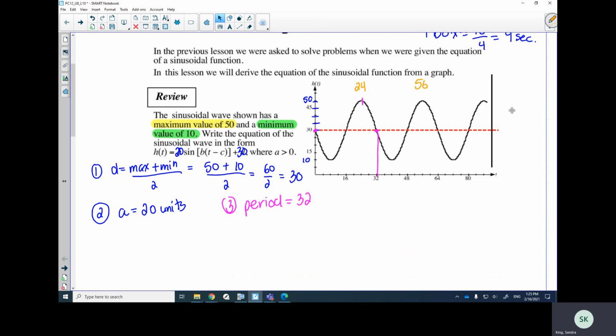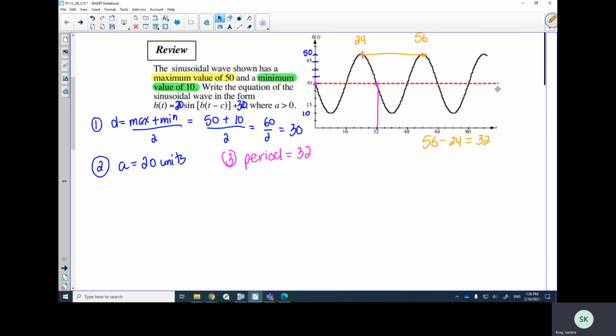So the period, if I was going from peak to peak, would be 56 minus 24. You could check that on your calculator, you'll get 32. So whichever way we're doing this, we're getting 32 as our period. Now, once we have our period, go ahead and calculate your b value. The formula for b is 2 pi divided by period.